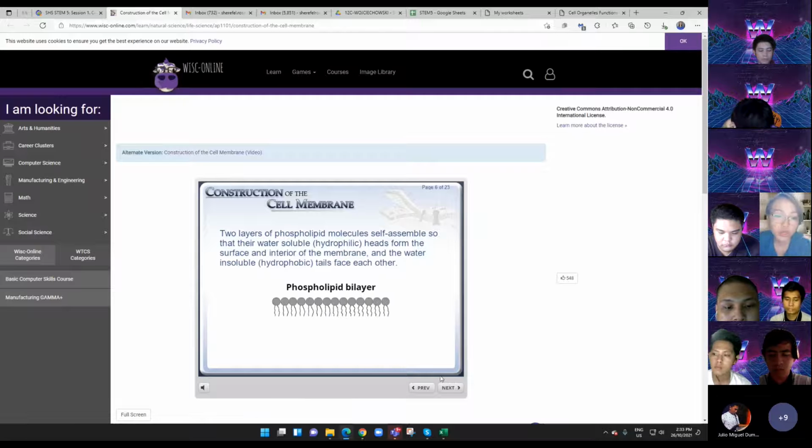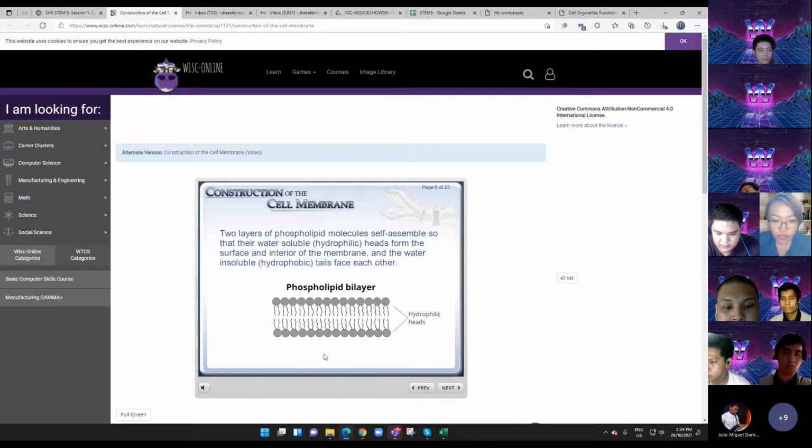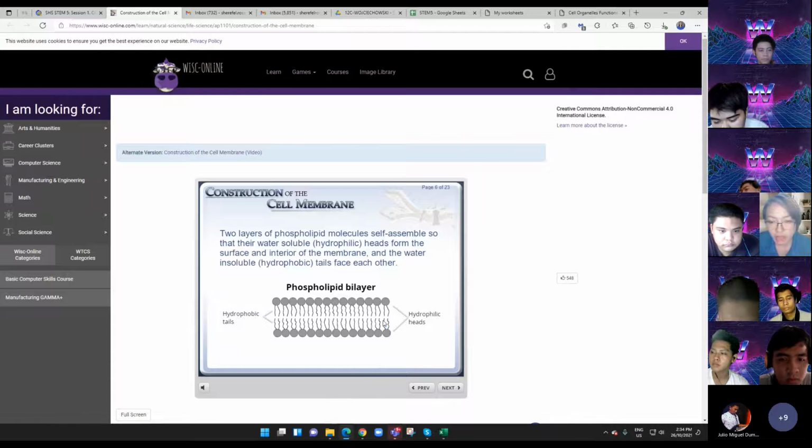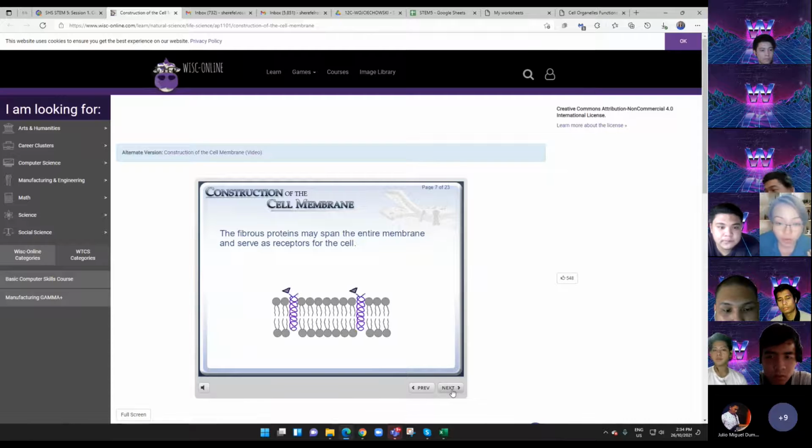So if we're going to construct our cell membrane, you see a phospholipid bilayer. First, we have hydrophilic heads, kaning mga circle, and the hydrophobic tails. So again, ang kaning circles, water-loving, and the tails, lipid tails, are hydrophobic, which are water-fearing.